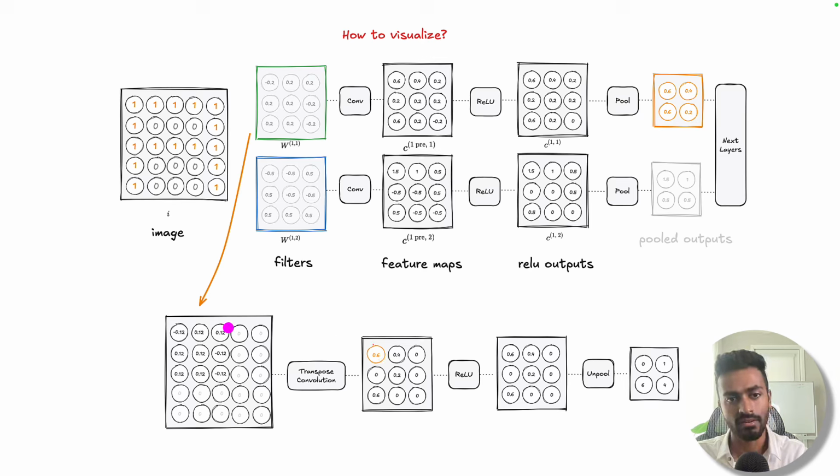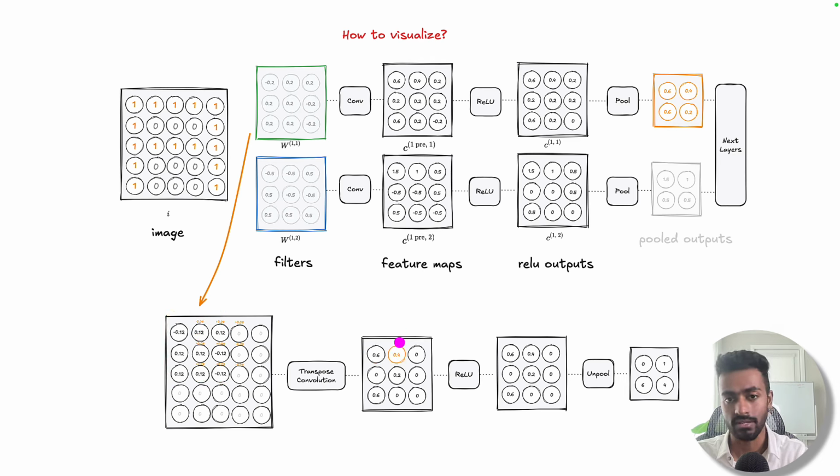This neuron would have been created from the neurons that are present over here. To determine what values they should be, you multiply each of these values here with this 0.6. So 0.6 times negative 0.2, you get negative 0.12. 0.6 times 0.2, you get positive 0.12, and so on.